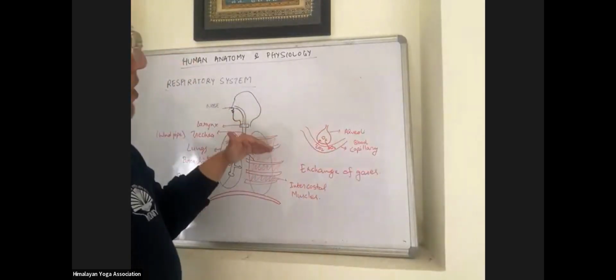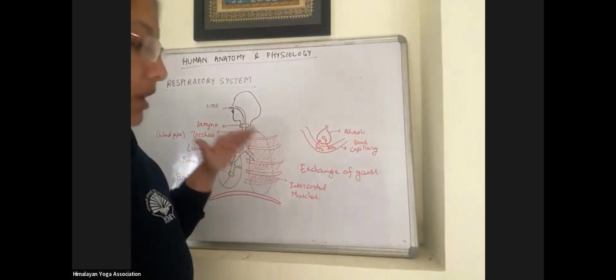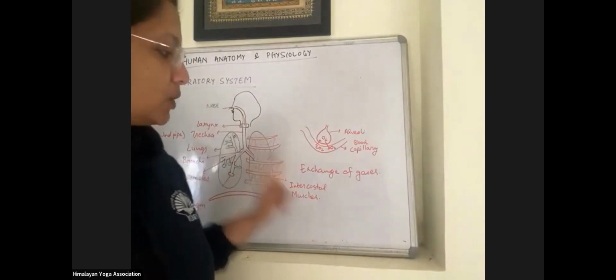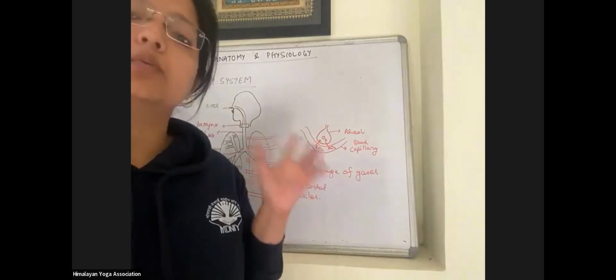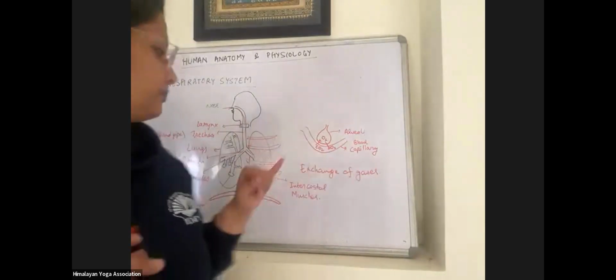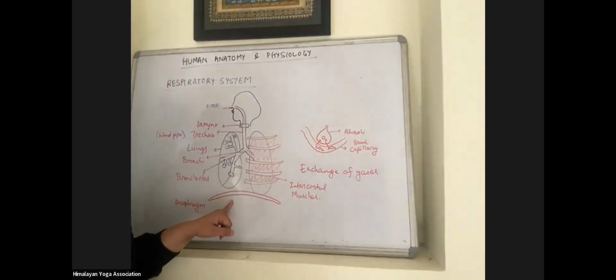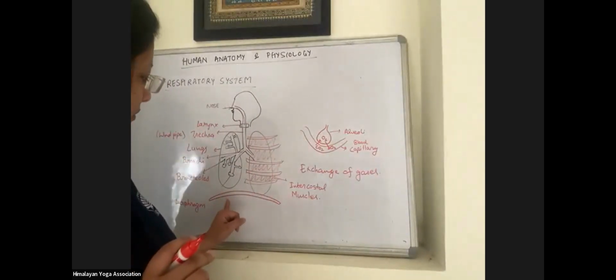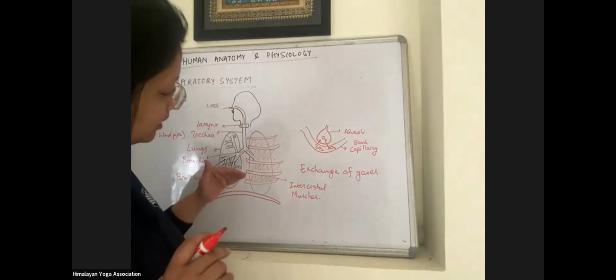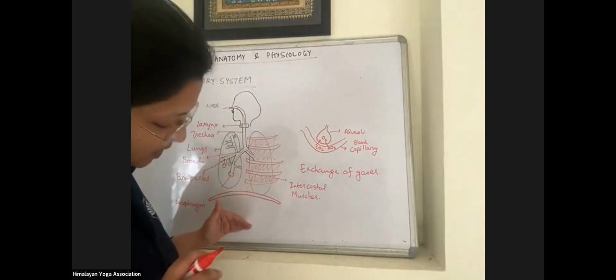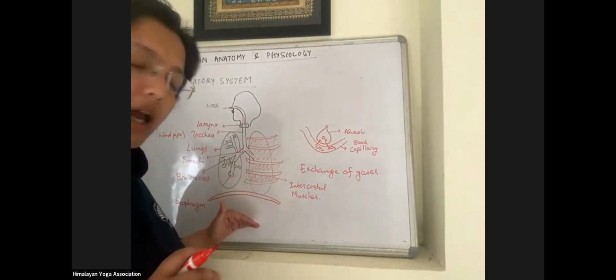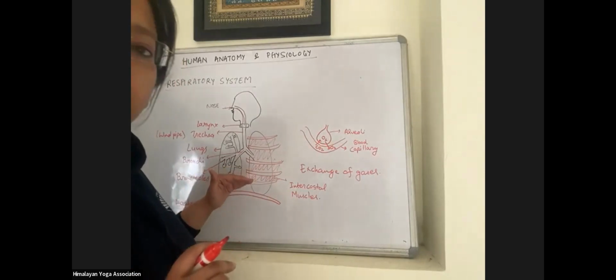So in between those rib bones, we have intercostal muscles which help in the movement of the rib cage so that the lungs can expand. And the other one is diaphragm. During inhalation it goes downwards, it contracts, and then it goes back to its original position.